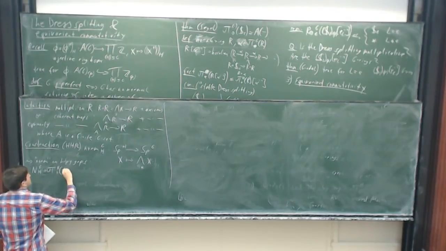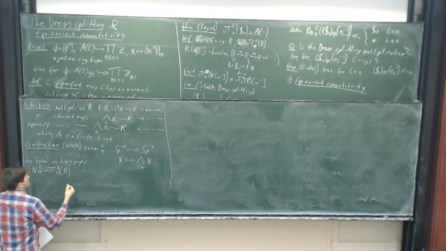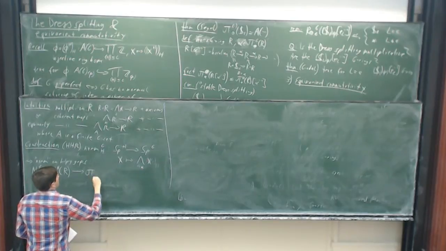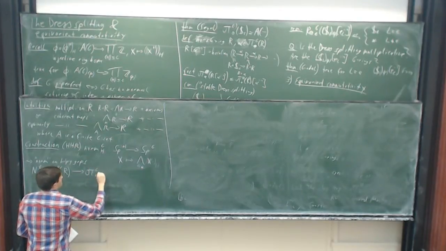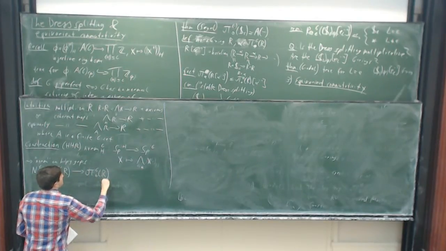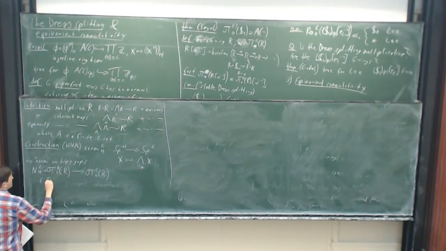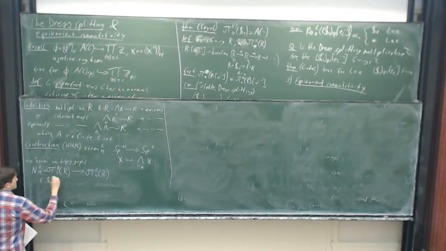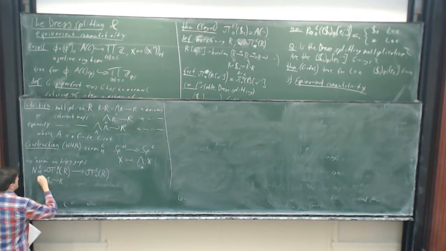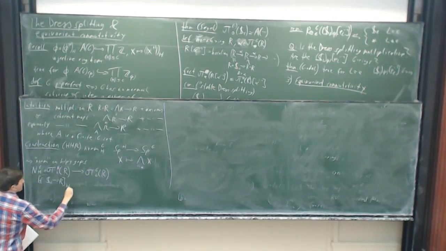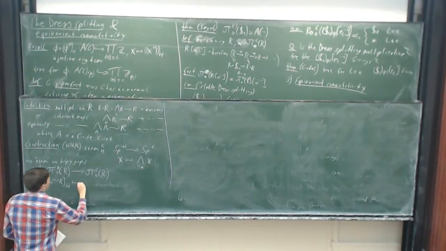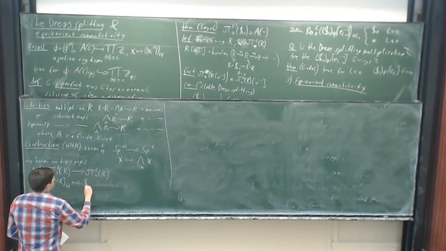Here I just want my G ring R, and then we want to map up to the G homotopy groups of R. So what does it do? An element in here should be represented by some map from the sphere to R, an H homotopy class. And then I can send it to the following.